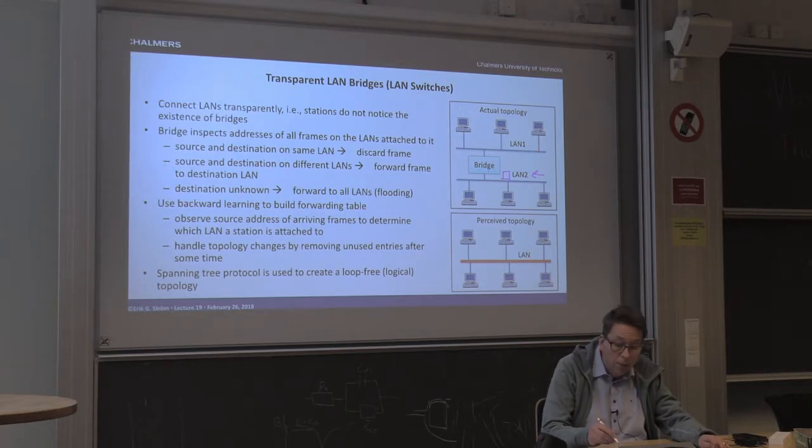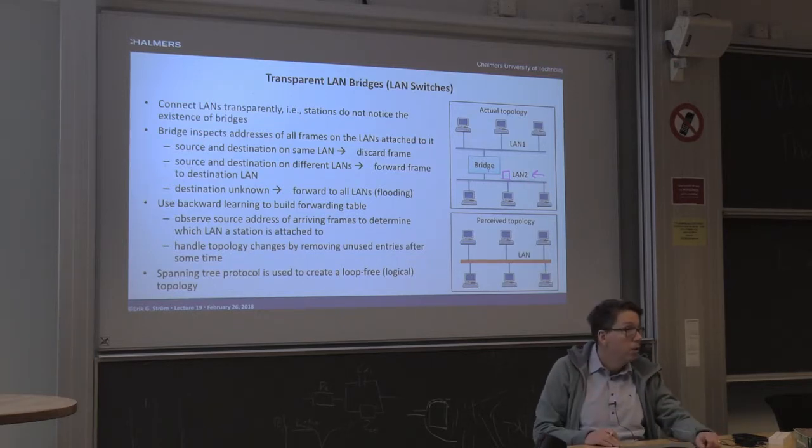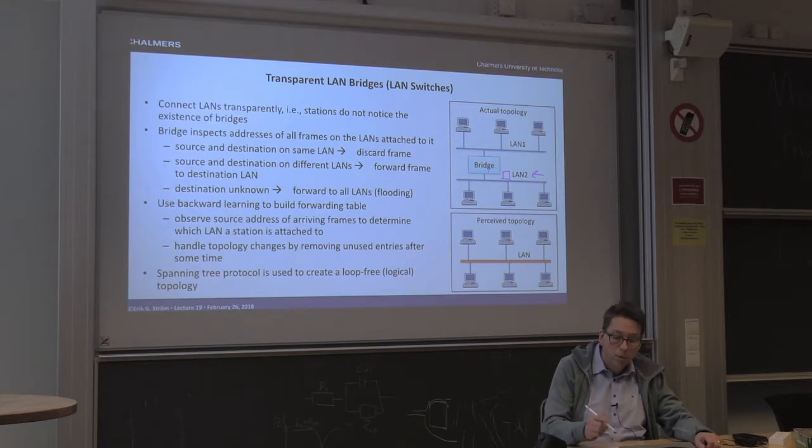We figure it out by listening to the traffic, to identify from the addresses on the frames which port, from the bridge's perspective, the hosts reside on. And we build out a routing table from this. So the bridge eventually, by listening to data traffic, can figure out from the destination address whether the frame should be switched over to the other LAN or not. If it doesn't know anything, it switches it over automatically, just to be safe.